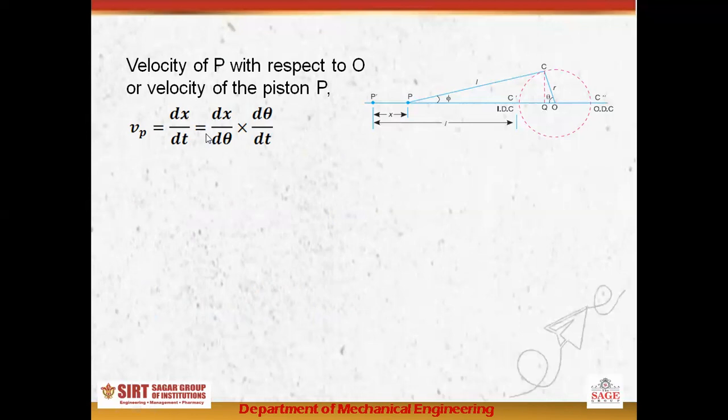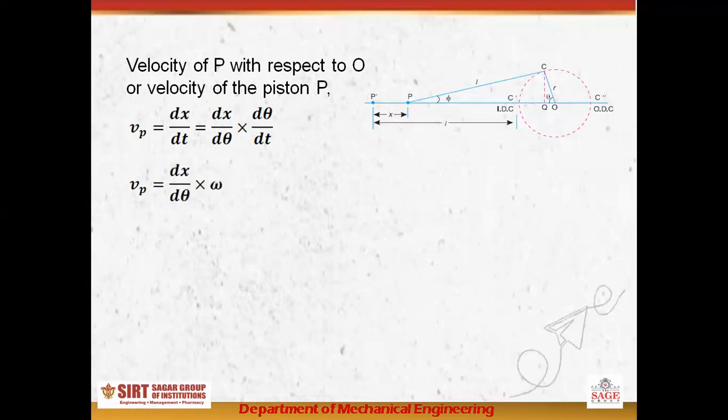We can also write this as dx upon d theta into d theta upon dt, and cancelling out d theta we get the same equation, Vp is equal to dx upon dt. In this equation we substitute the value of dx upon d theta from the previous one, and d theta upon dt is equal to omega. That means the angular displacement with respect to time is the angular velocity.